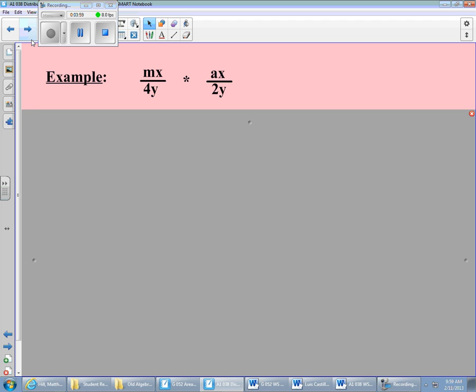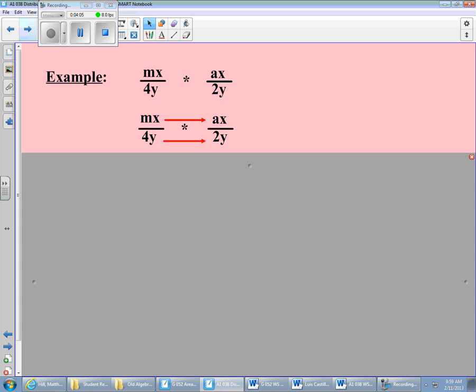How do you multiply two fractions? Straight across the numerators, straight across the denominators. So we're going to go straight across, straight across. So have a look at it. Tell me, what's going to be in the numerator? No, in the numerator.